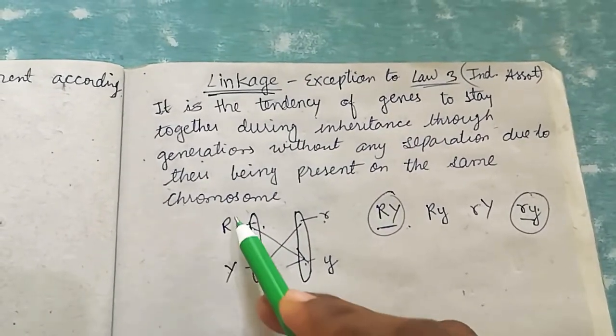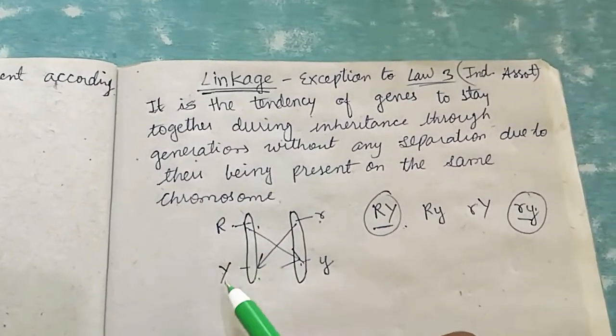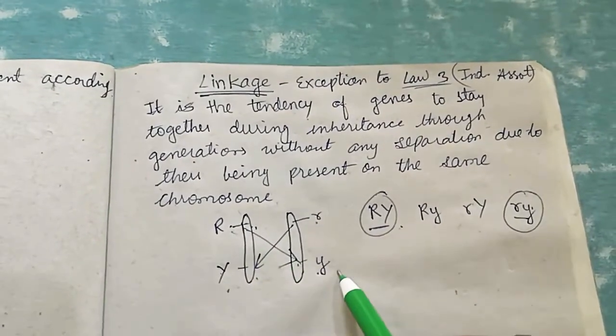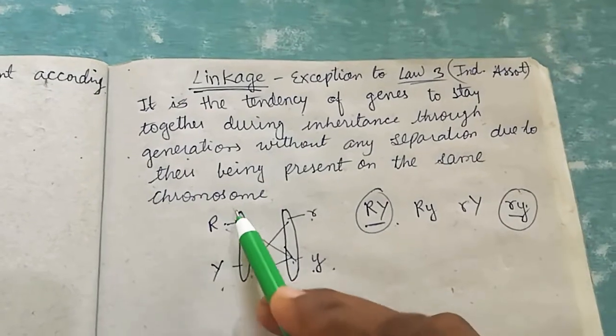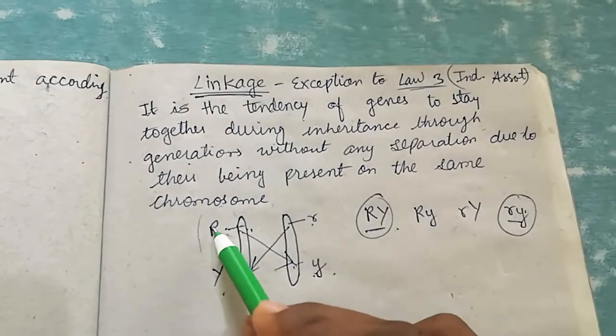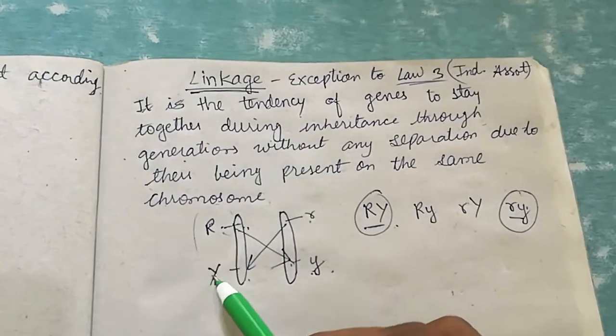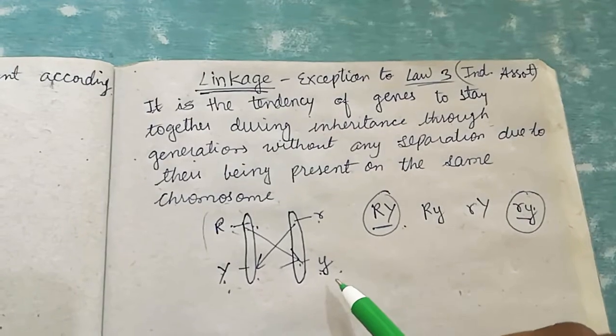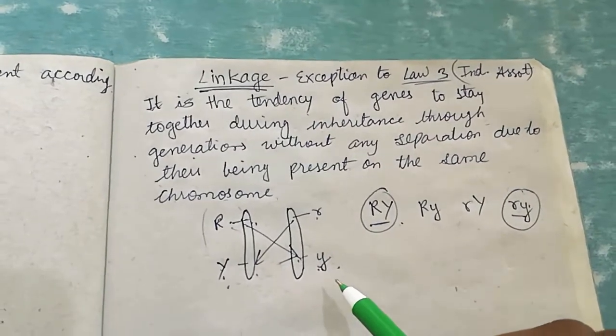If they separate, then only crossing over and recombination takes place. But if they are not separating, they will not allow for recombination. That means both will stay together, so there won't be any crossing over. This is called linkage.